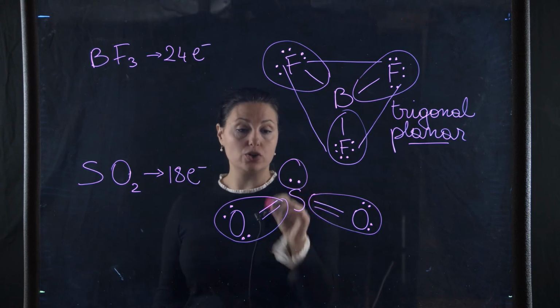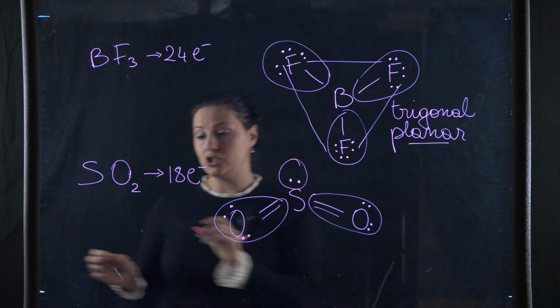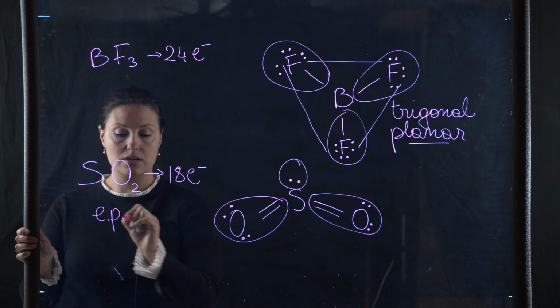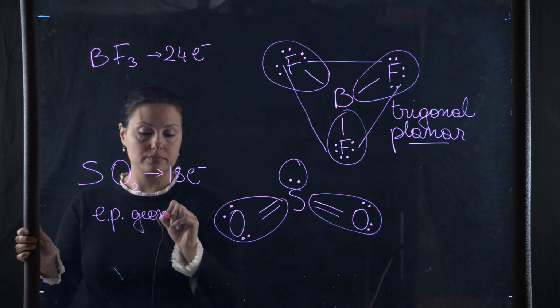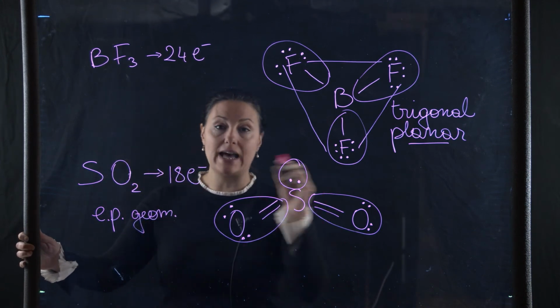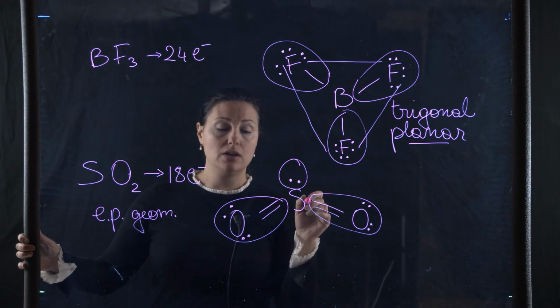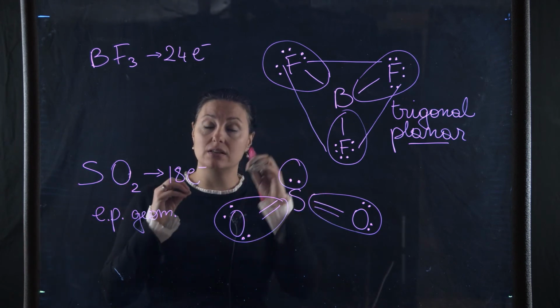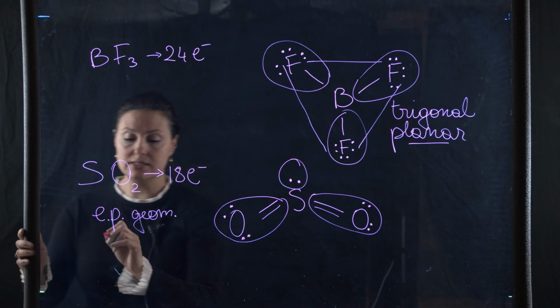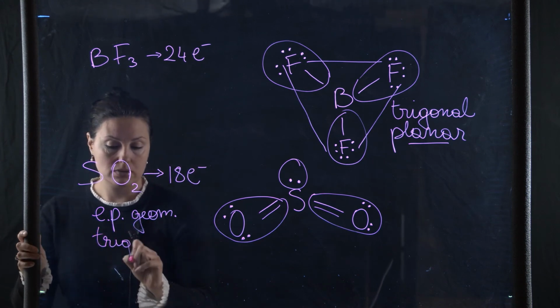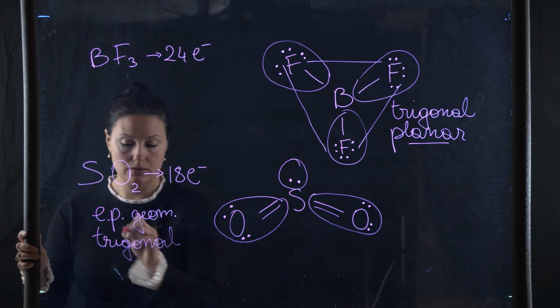So my electron pair geometry, which looks at just how many groups I have around, not the types, but just the number of groups, is still trigonal planar.